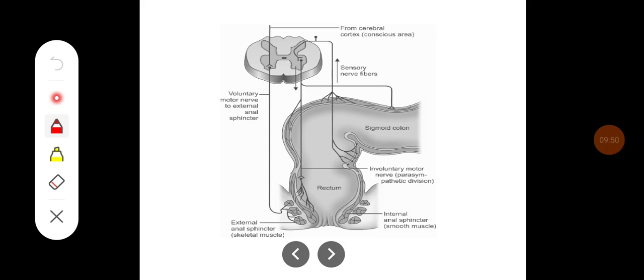So this is the diagram showing the defecation reflex, and the diagram shows the internal anal sphincter, which is inside, and the external anal sphincter, which is outside.